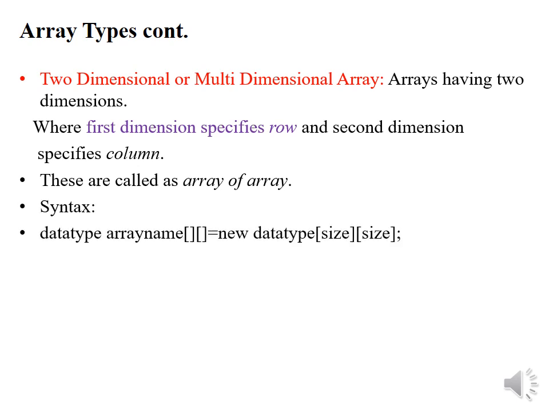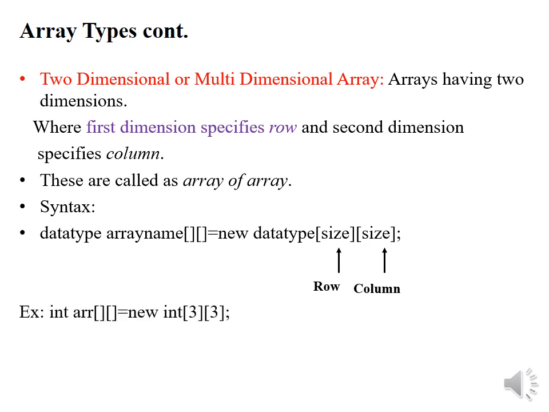Syntax for declaration is similar to the single dimensional array, only the added dimension is one more bracket. So data type, array name, two empty square brackets, again new operator, data type, size, comma, size. But here typically the first size is the row number and the second size is the column number.